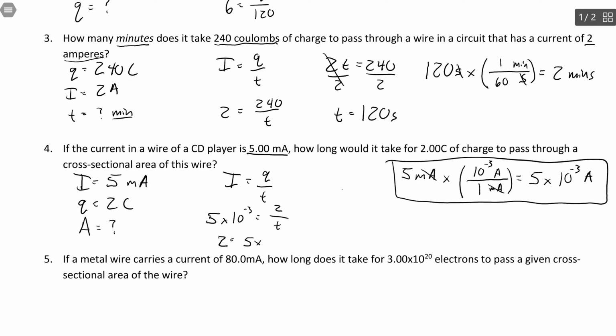And now you do 2 divided by 5 times 10 to the negative 3 to get t. And t is equal to 400 seconds. And remember, when you're using your calculator, you want to make sure you put this in parentheses or use the E button. So it would be 5 capital E negative 3. Because if you don't, then your calculator is going to spit out the wrong number.